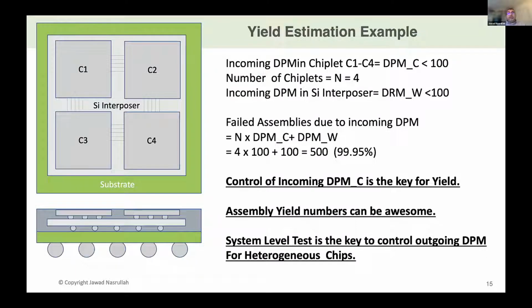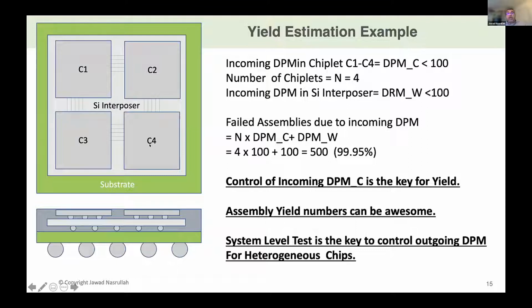And since you want 100 defective parts for incoming, the customer may be okay with 500 bad out of a million, but the key is that system level test or the final test has to make sure that it catches those issues.